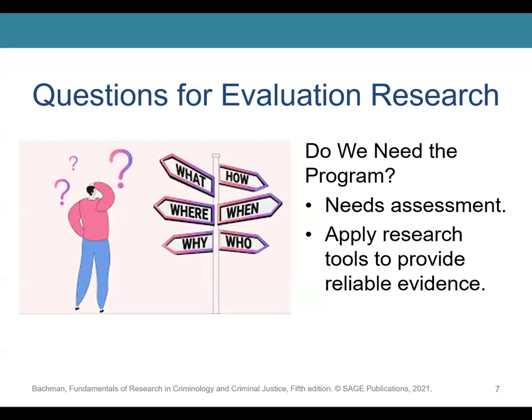Evaluation researchers apply research tools to provide reliable information on the nature of the scope of the problem, as well as the target population in need of the intervention, i.e., the people who are getting the meals. Do they really need them? How does the program work to fulfill that need, and so on.